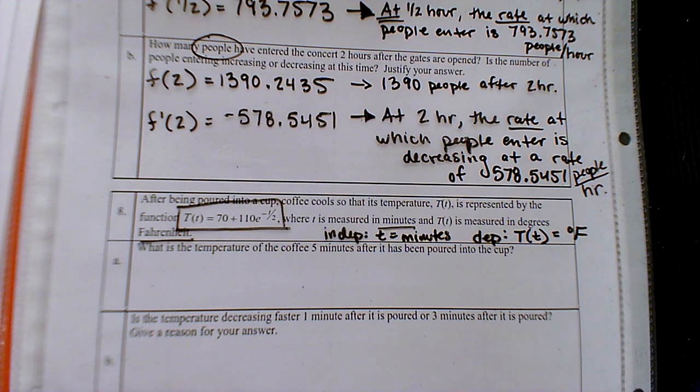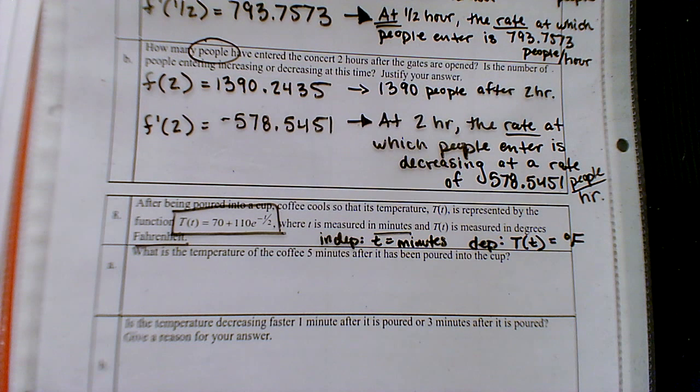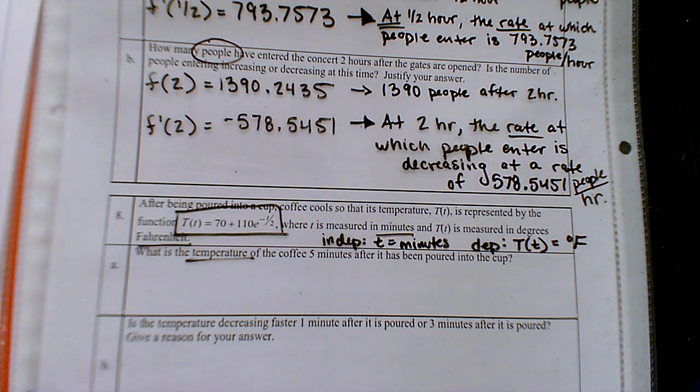What is the temperature of the coffee 5 minutes after it has been poured into the cup? Are we looking for a function value or a derivative value? Function. What is the temperature? A singular unit, and notice how that is our dependent unit.